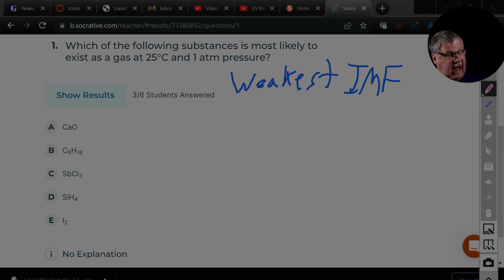Okay, now there's another trick to this problem, and that is that not every compound that's listed here is molecular. Which compound is definitely not molecular? What do you think? I2 is molecular. Think about the other types of compounds that we talked about, in the context of solids.